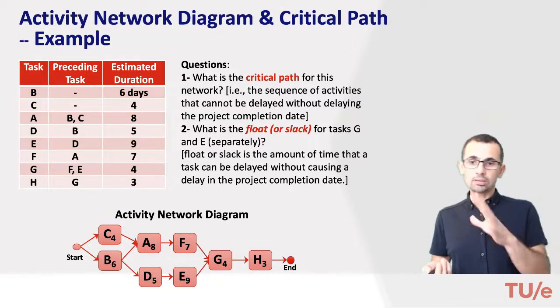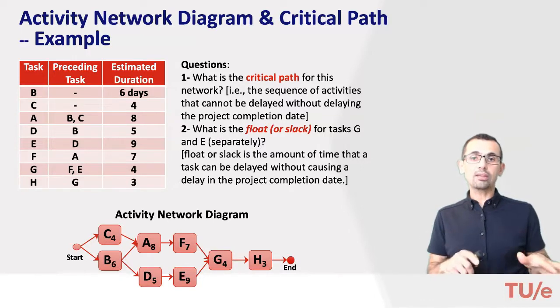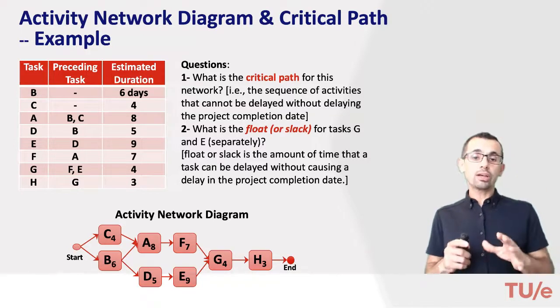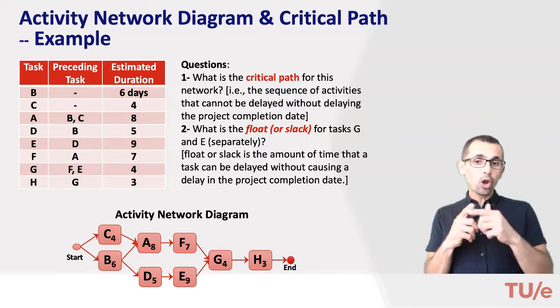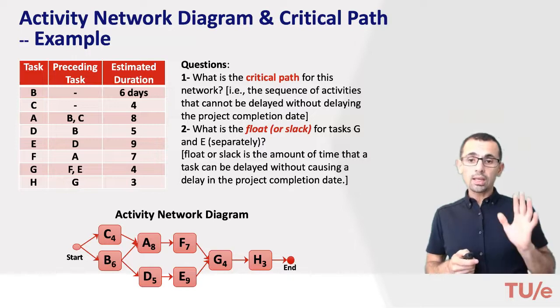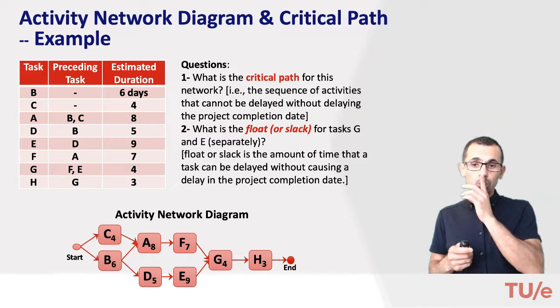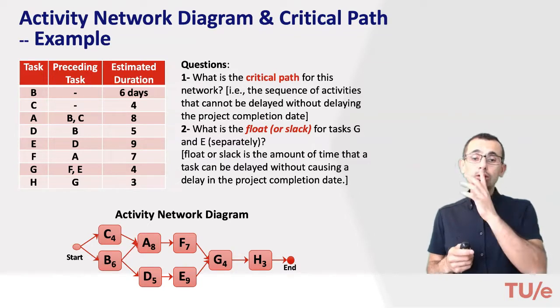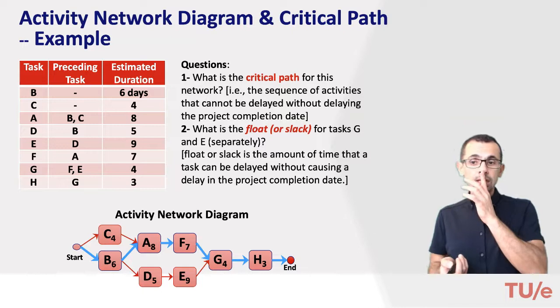I will not do the calculation right now for the sake of timing for this video, and I'm pretty sure you can do it in your own time. Just a hint, it's essentially the longest path in the network in terms of duration. At this stage I can already tell you that the longest path in this network is BAF. Okay, let me show you. BAFGH.